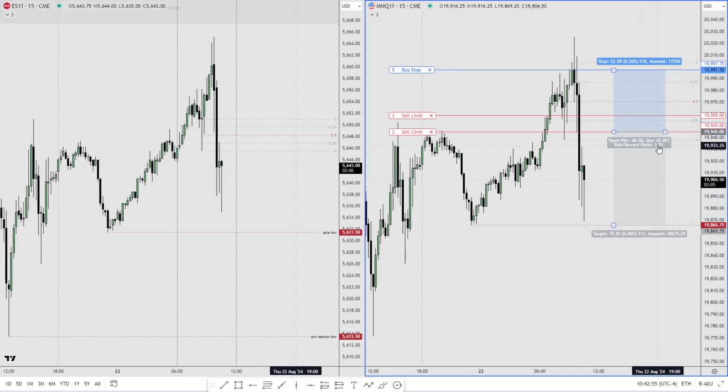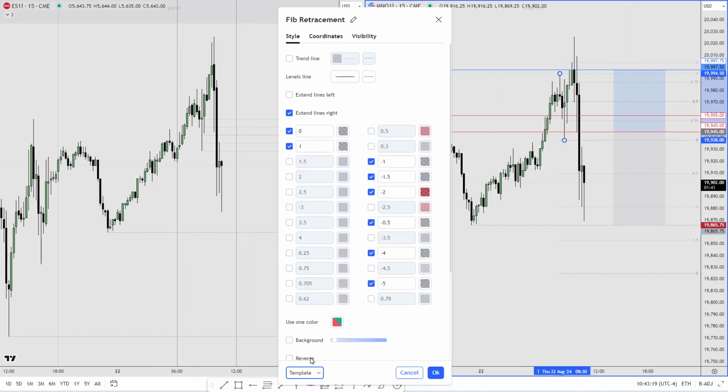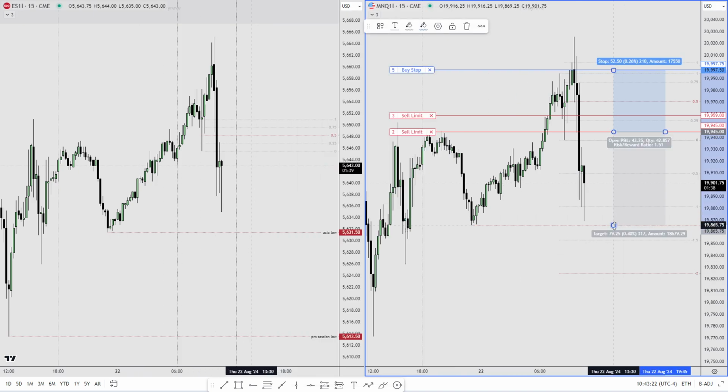It's only 1.5 R. ICT projections. .74 over here, then it would be 2.